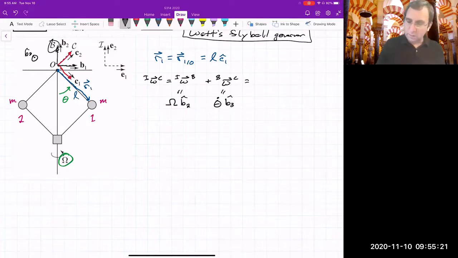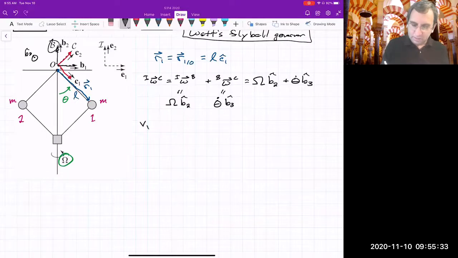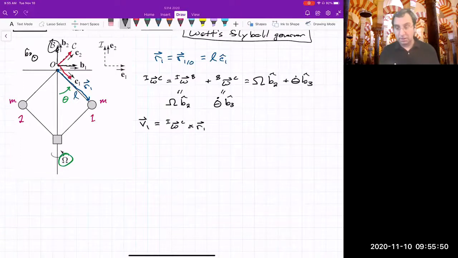So that's what we have: capital omega B2 plus theta dot B3. Now, the inertial velocity of this particle 1, because this is all rigidly moving around, we can write omega cross R1, and that'll give us the inertial speed of this mass 1.